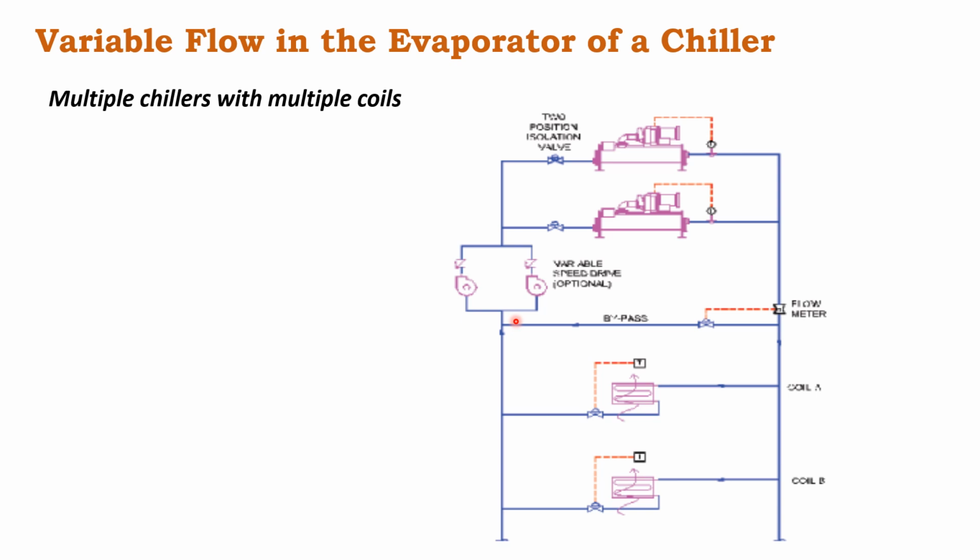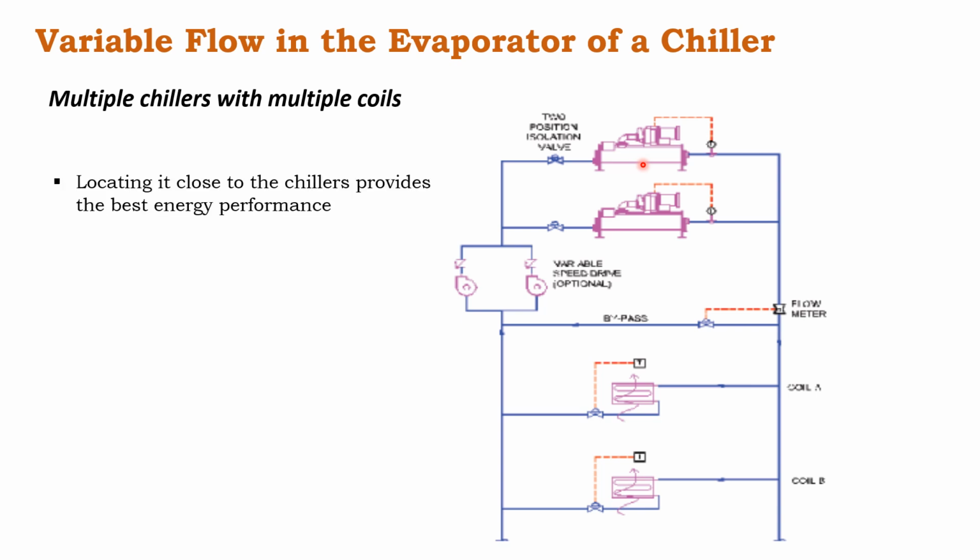It can be configured while operating the system at full load, with both of these chillers operating for the cooling load. When load reduces, one chiller can go off below 50% of the load, and if load reduces further, the second chiller can go to the minimum flow, and the bypass valve can take the feedback from the flow meter and accordingly ensure the minimum flow which is required to operate the chiller without any trouble.